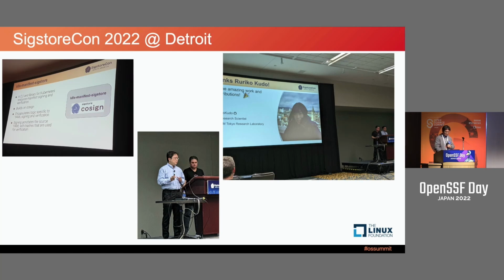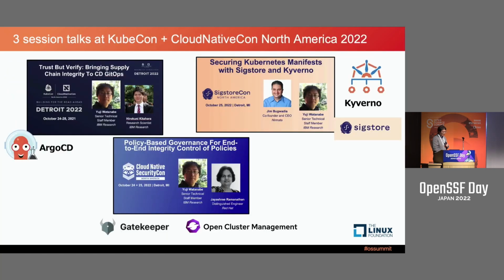Based on this Sigstore manifest signing project, we had a three-session talk at KubeCon this year. One is about the Kyverno integration, another is Argo CD integration, and another is Open Cluster Management integration. So many pieces.